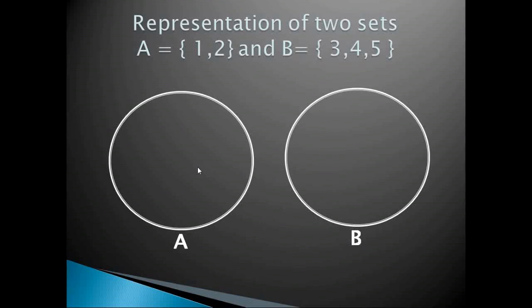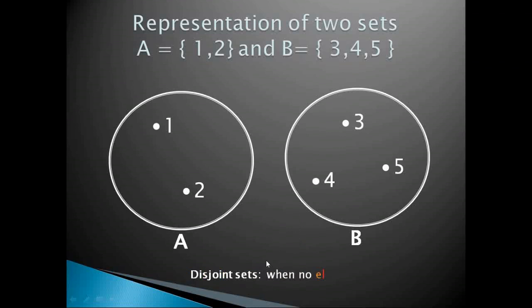Now let's represent the elements of set A, that is 1 and 2, and the elements of set B, that is 3, 4 and 5. Now if you observe, in these two sets there is no element that is common, and when such a case happens, we say that the two sets are disjoint sets.